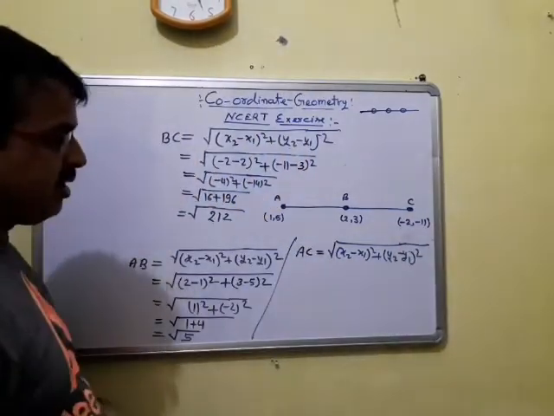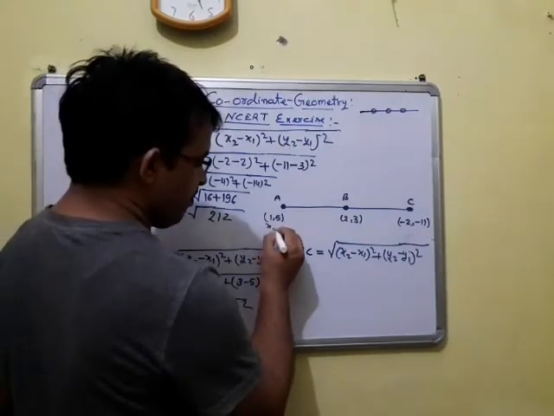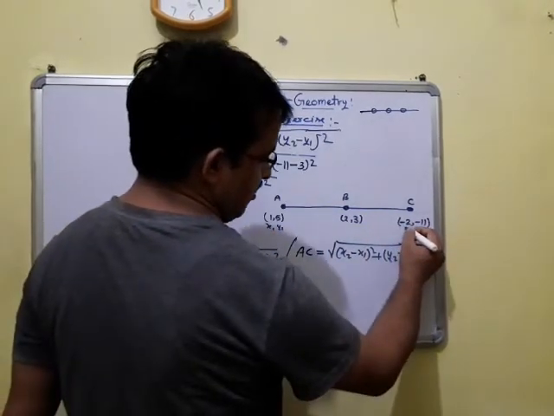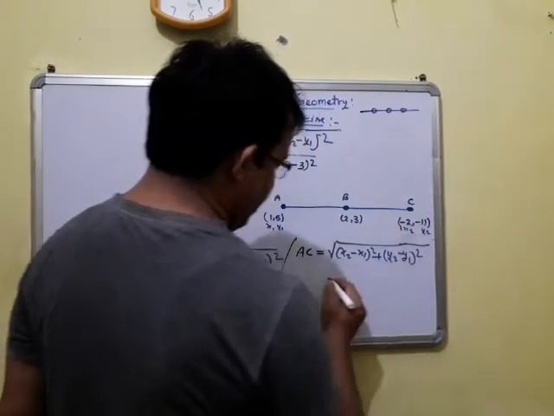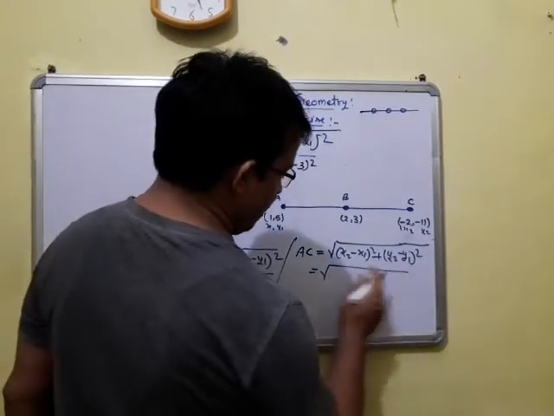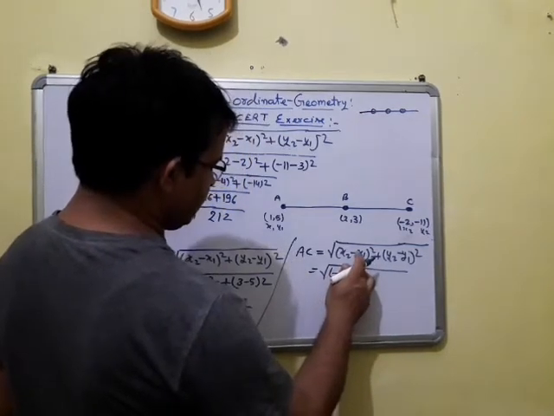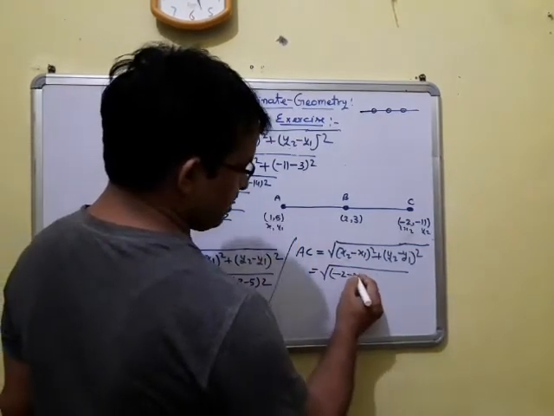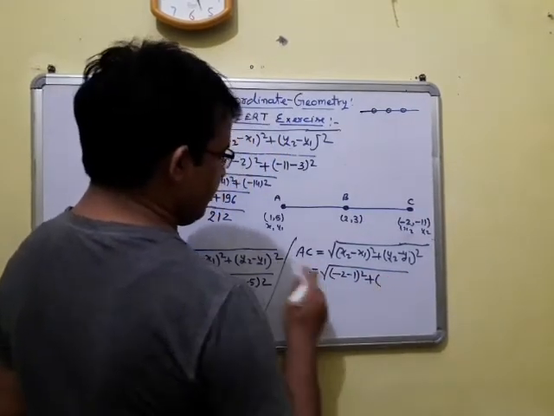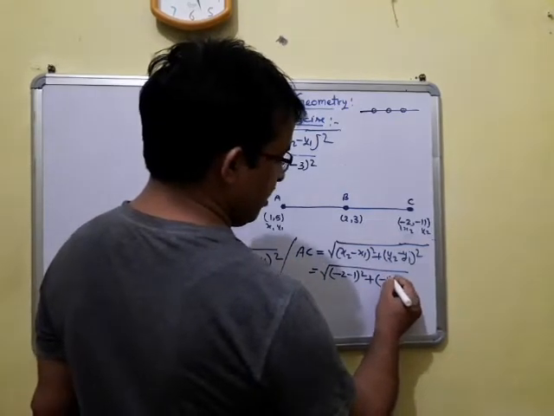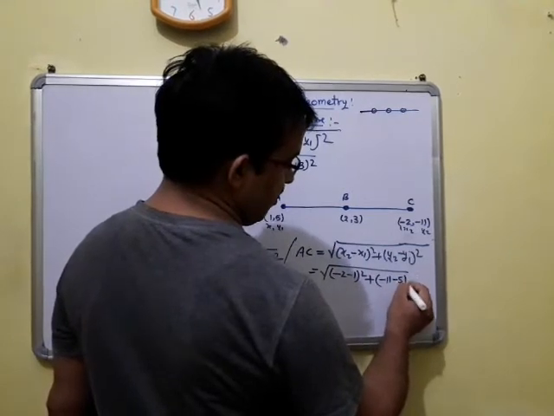This one is the distance formula, and this one is x1 y1, and this one is x2 y2. Clear? So now put x2 equal to minus 2 and x1 equal to minus 1, whole square, plus y2 given as minus 11 and y1 given as minus 5, whole square.